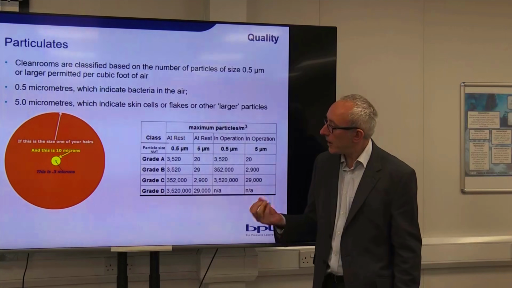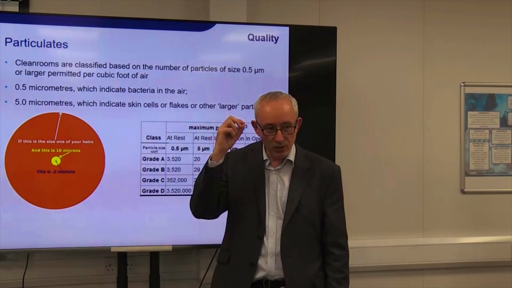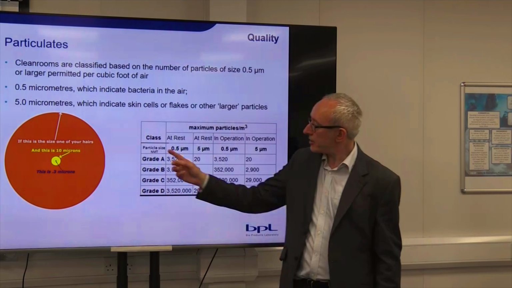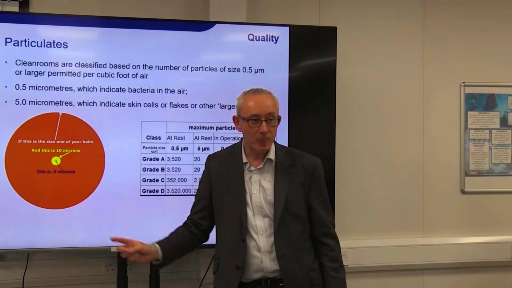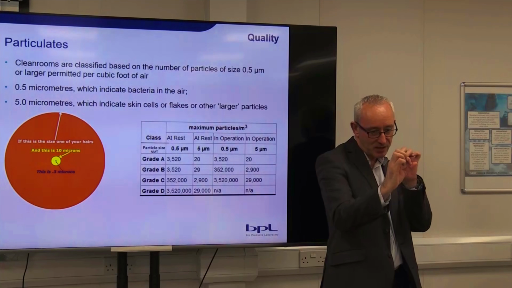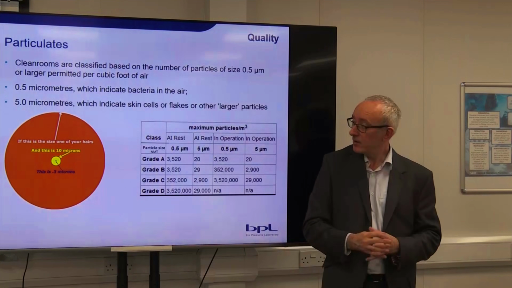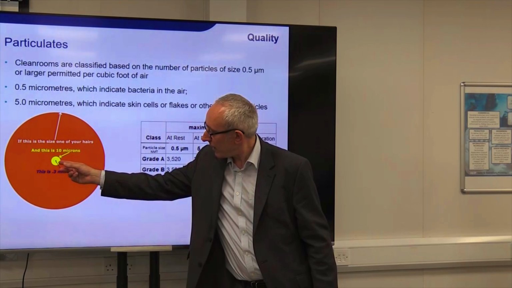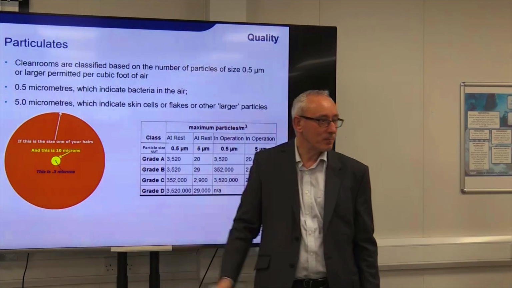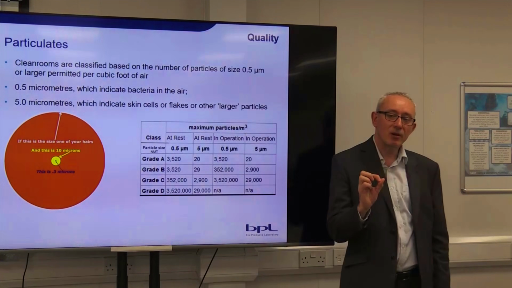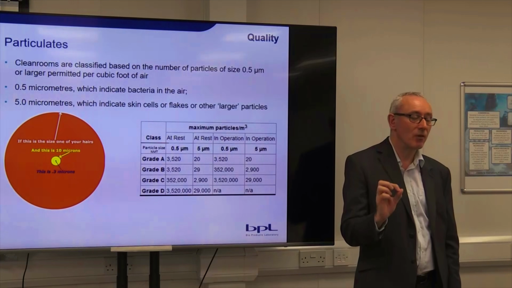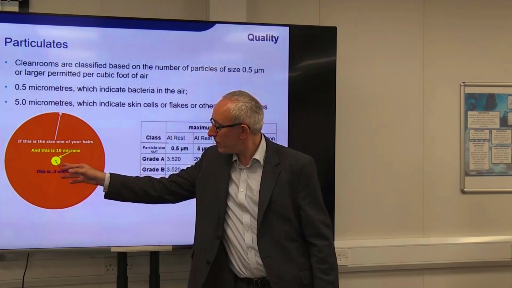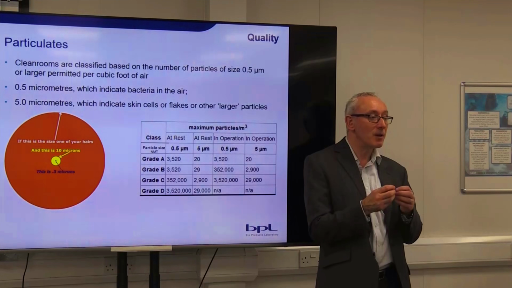Just to give you an idea about the scale, if you pull a hair from your head and hold it lengthways, and you imagine that orange circle is the hair, we've blown it up. The kind of particles we're looking for are around that small blue dot in there, and that size of particle is close to the size of a bacteria. The yellow one in the middle is closer to what a flake of skin might be.